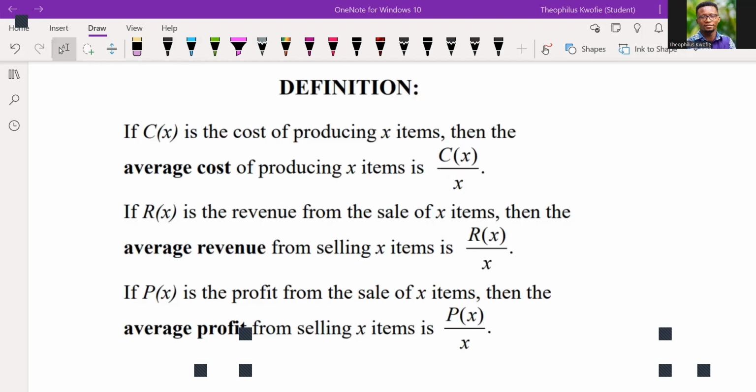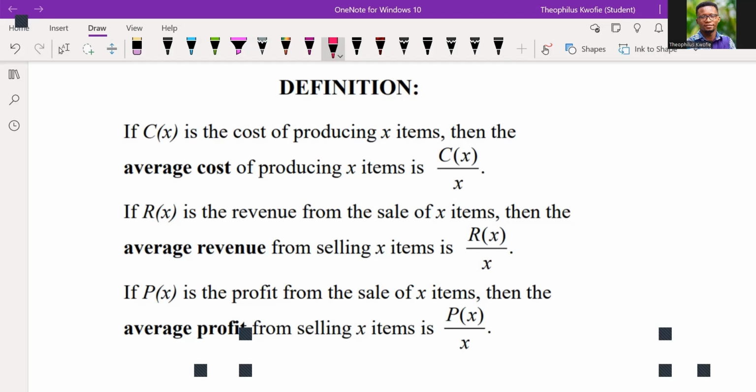All right, so let's look at these definitions. And these definitions are going to be very helpful as far as our discussion is concerned. Now, if C of x is the cost of producing x items, then what becomes the average cost of producing x items?